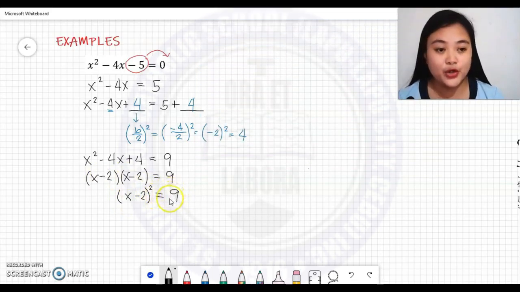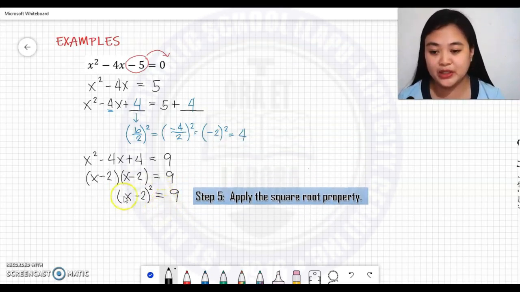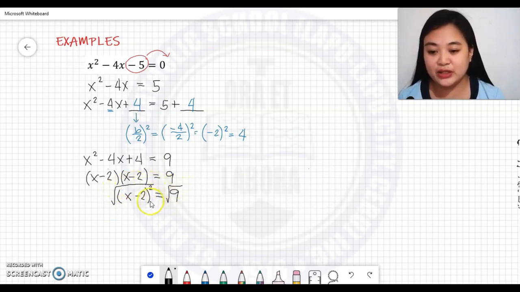This time, we're going to extract the square root, or use the square root property. If we extract the square root, we cancel out the exponent 2. So, it will become x minus 2 equals plus or minus 3.